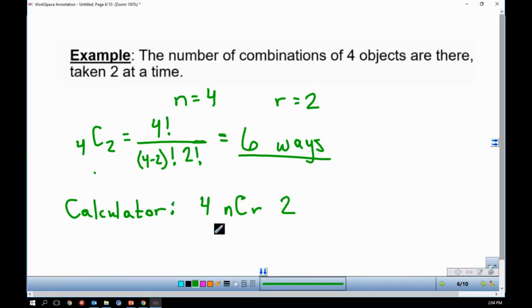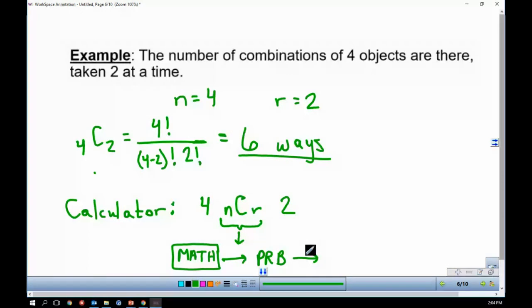To get the nCr, you would go to math, probability, and I think it's option 3? Y'all said it was 3? Okay. I'll have the menu memorized like I should.